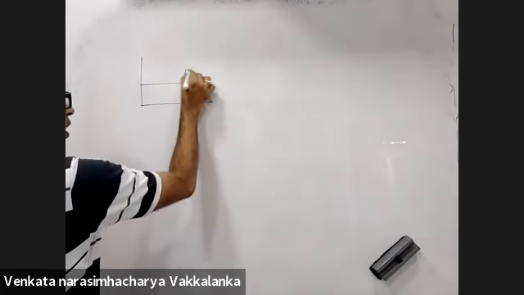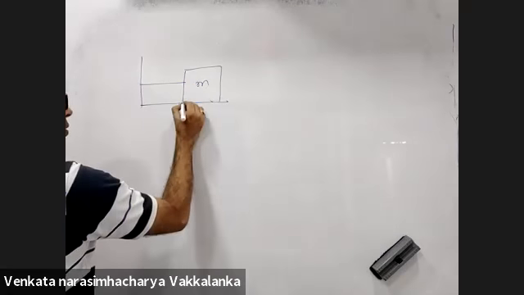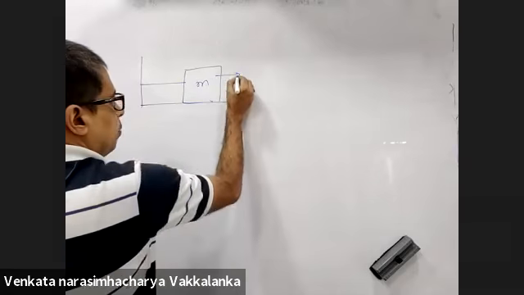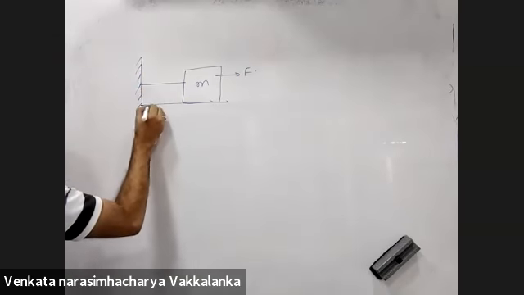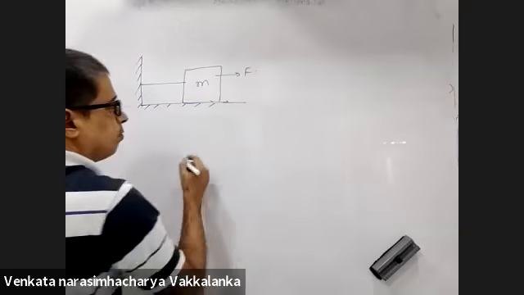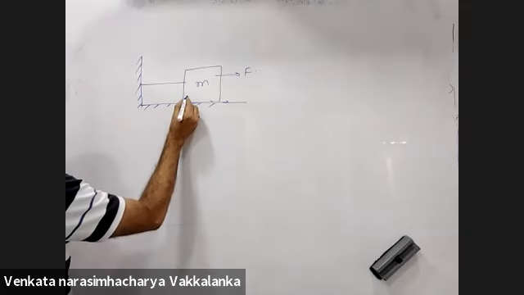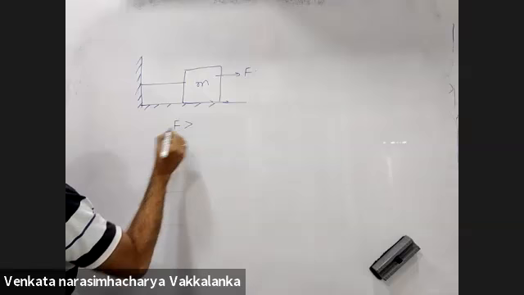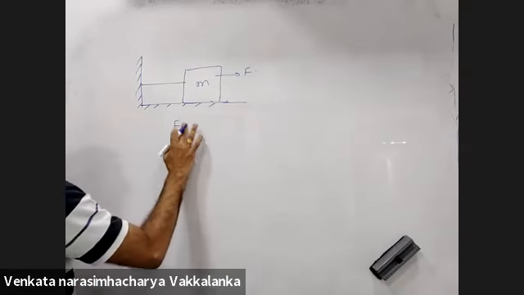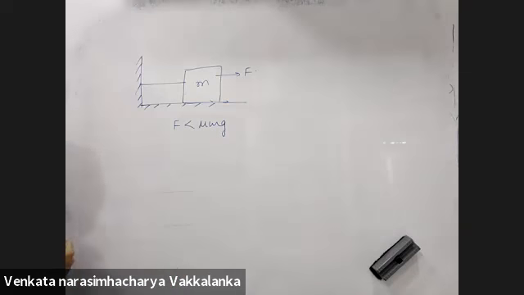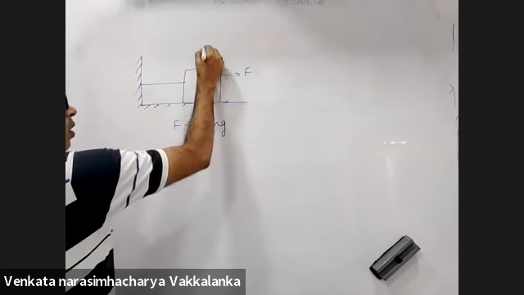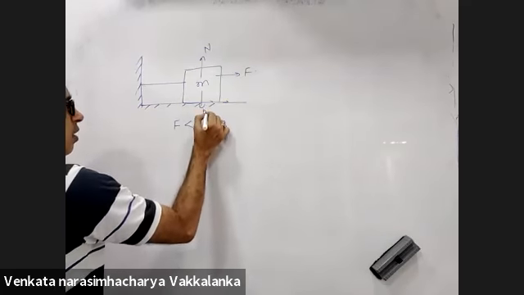This is a string and this is a block. I am pulling this with a force of F. If the force of F is less than mu N, this is N, this is mg.